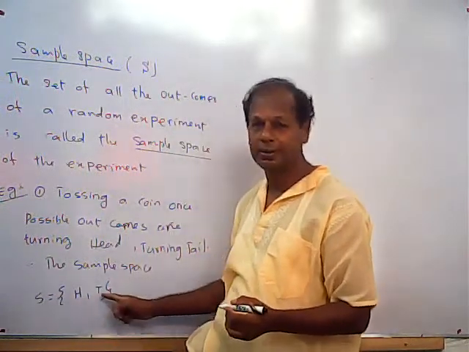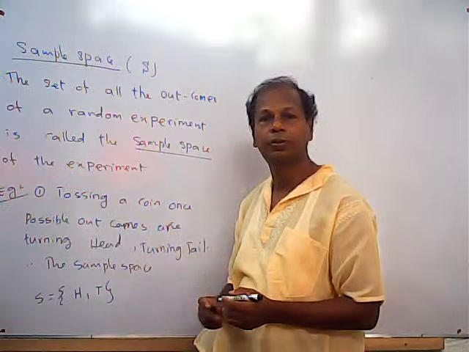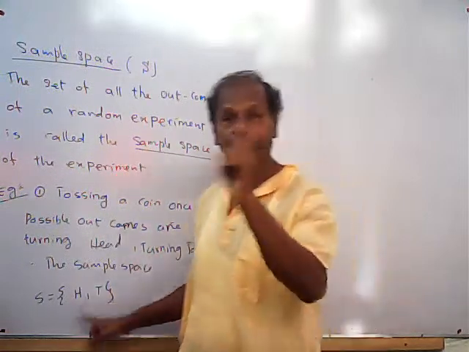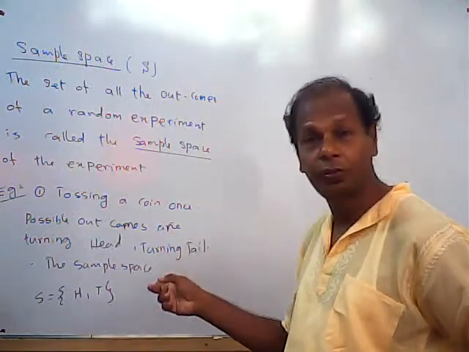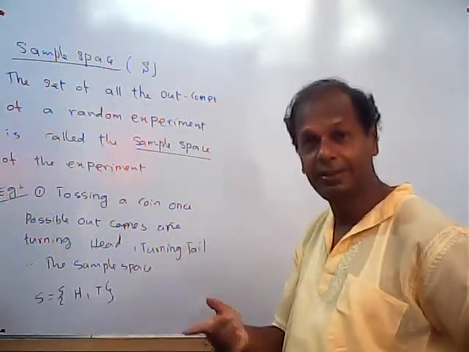In short, we write H and T, right? H is written for turning head, not for head. T is written not for tail, but for turning tail.